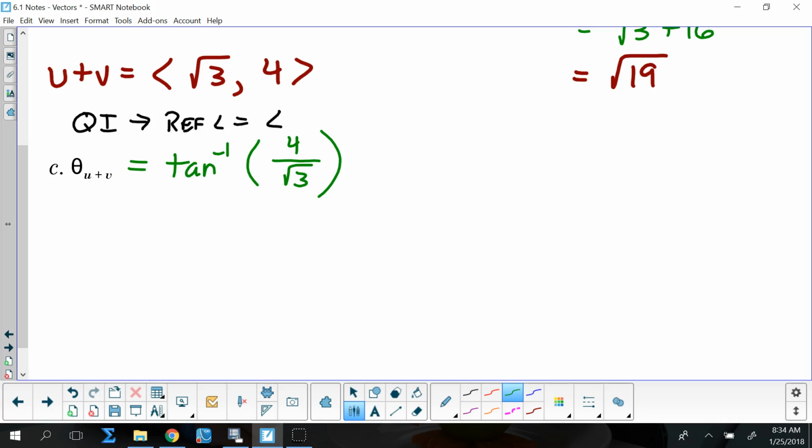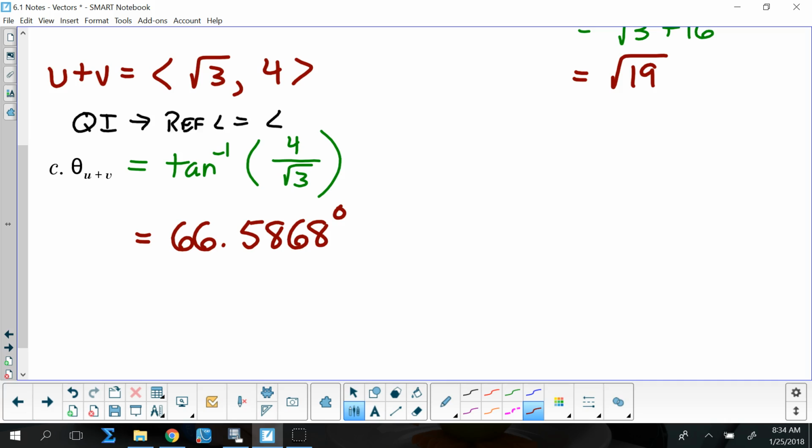When you type that into a calculator, you should get somewhere in the neighborhood of 66.5868 degrees. And I don't have to do any extra figuring because I am in quadrant 1.